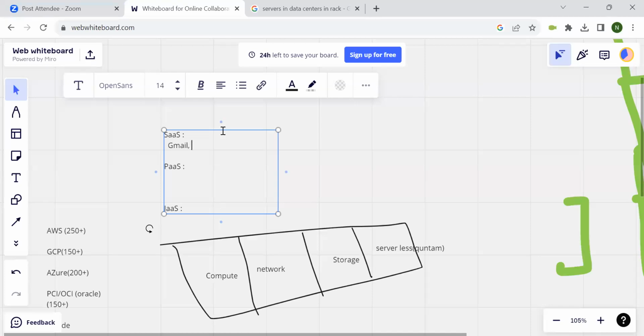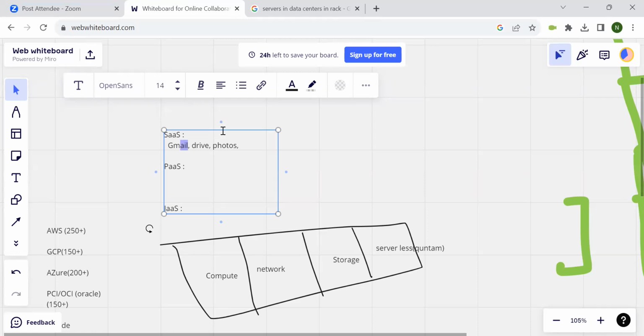The examples for this are Gmail, Google Drive, Photos. If you take Gmail, it is software which deals with emails. You can send an email, receive an email, get notifications, get calendars and everything. They are directly providing software, and you are directly using it.